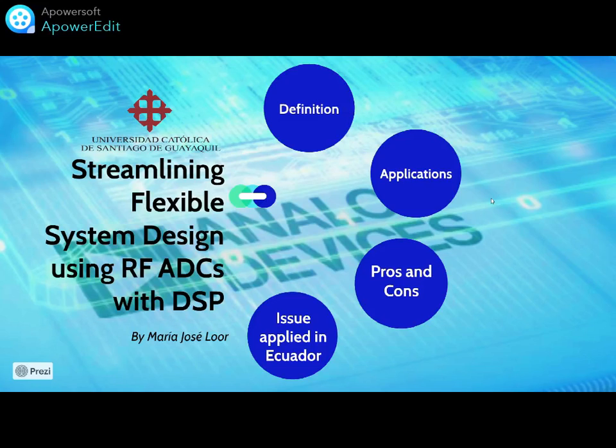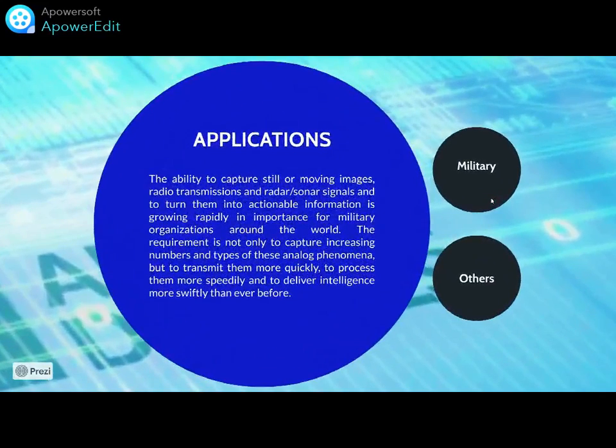Point number 2. Applications. The ability to capture a still or moving image, radio transmission, and radar sonar signals, and to turn them into actionable information is growing rapidly in importance for military organizations around the world.